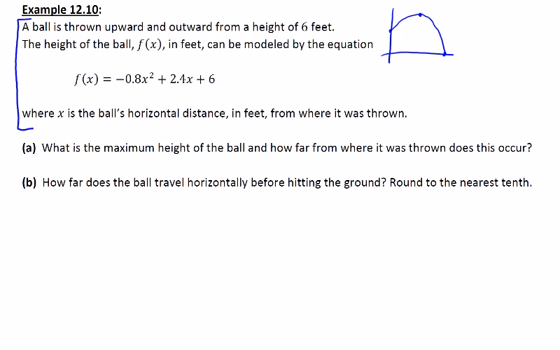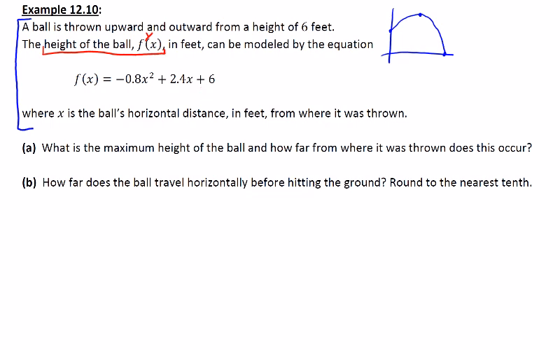It says the height of the ball, and then it has comma f of x separated. So this tells me what f of x is supposed to represent. Remember, f of x basically is the y value.